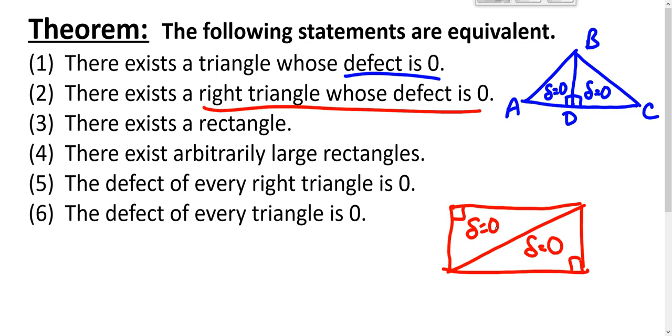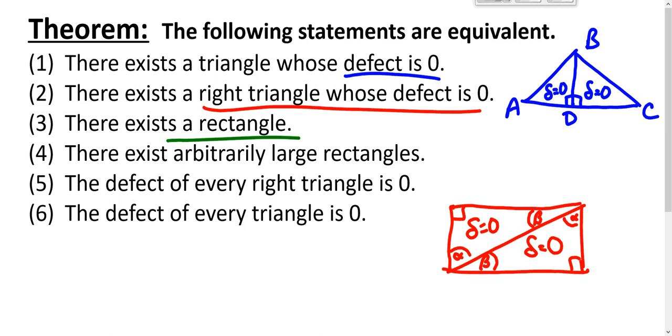And if both of these have angle sum 180 and the triangles are congruent, whatever angle is here with measure alpha must also be here with measure alpha, and whatever angle is here with measure beta must be here with measure beta. But we know that alpha plus beta plus 90 is 180, so alpha plus beta is 90. This quadrilateral is a rectangle.